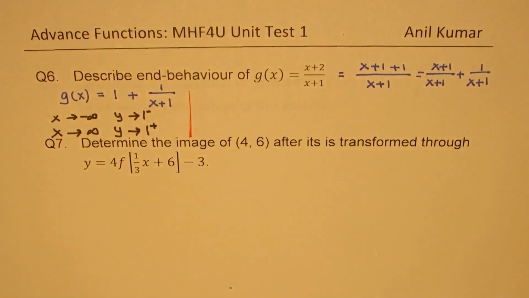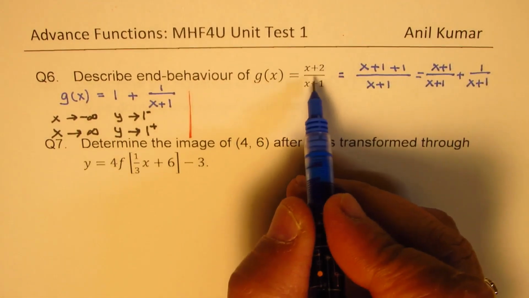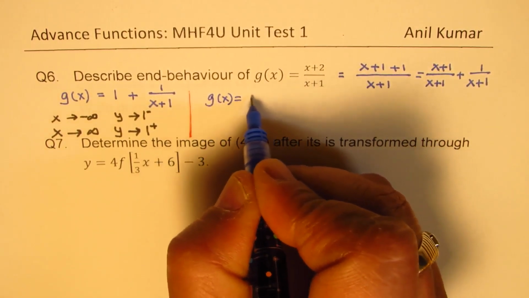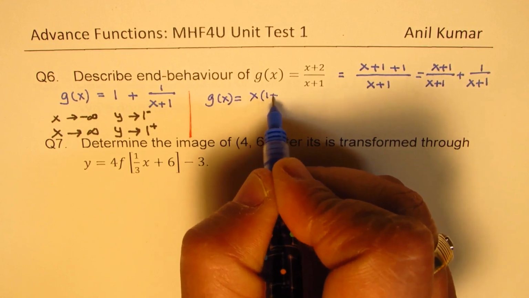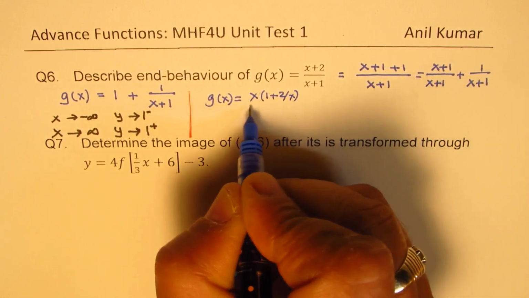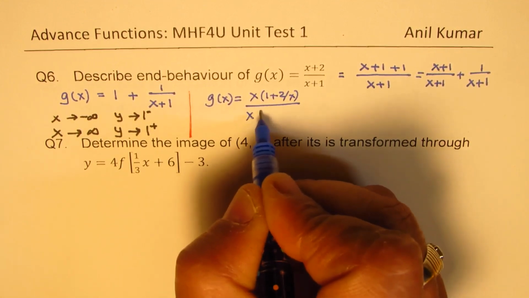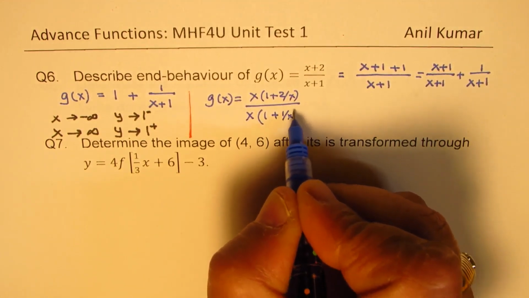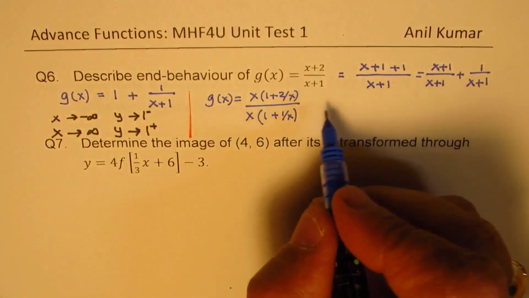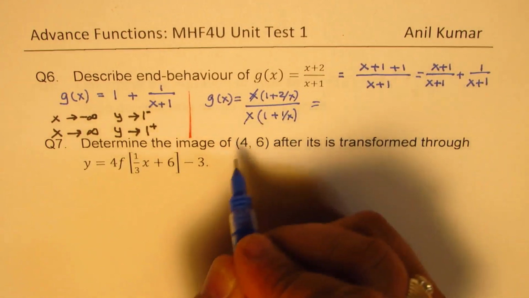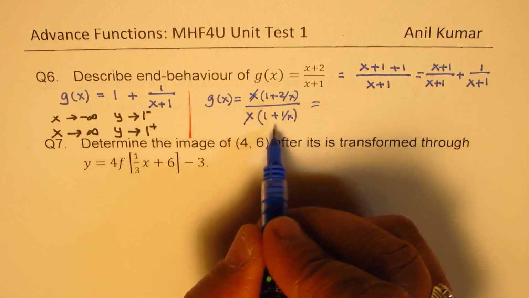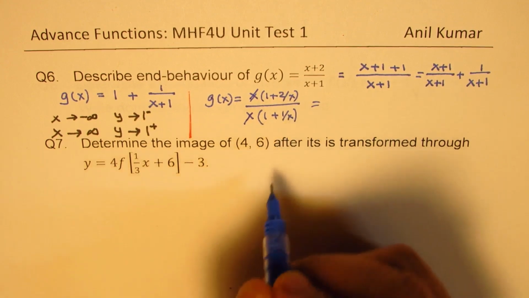The other way of answering this is that we can actually factor out x. So we have g of x equals x times (1 plus 2 over x) over x times (1 plus 1 over x). So factoring x, you can cancel this x, and what you're left with is (1 plus 2 over x) over (1 plus 1 over x).